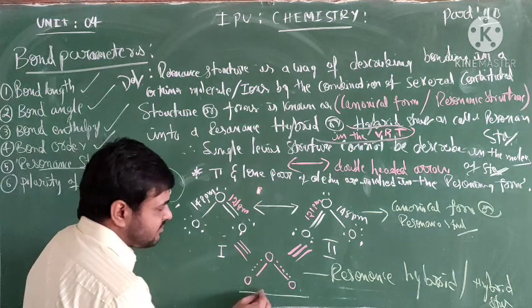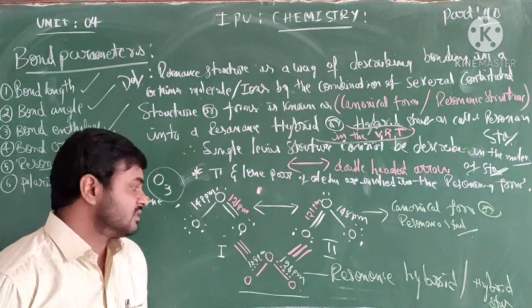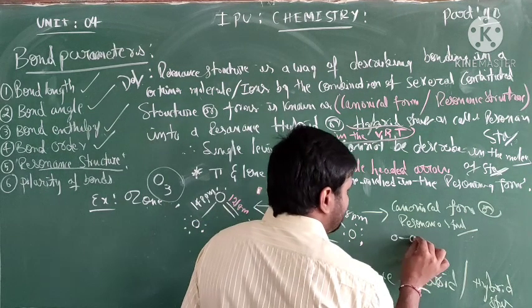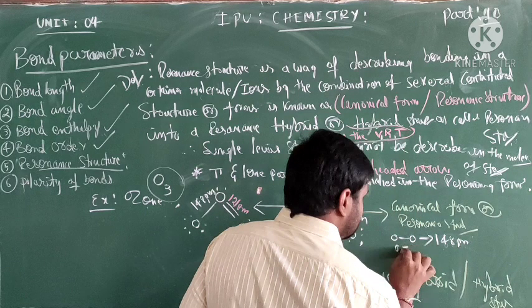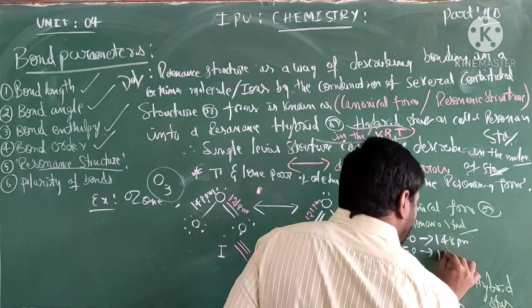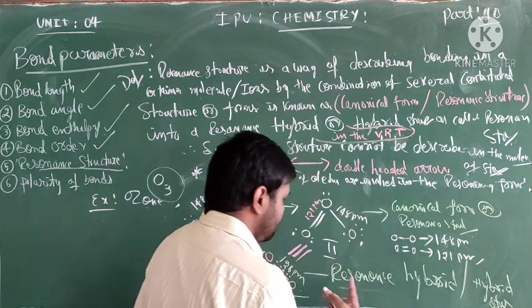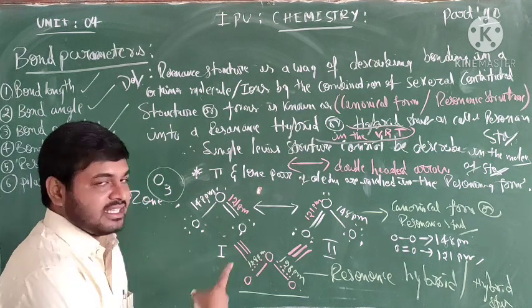So it has 128 picometer. Just observe here. The oxygen single bond is 148 picometer, and the oxygen double bond is 121 picometer. So in the resonance hybrid, it gives 128.